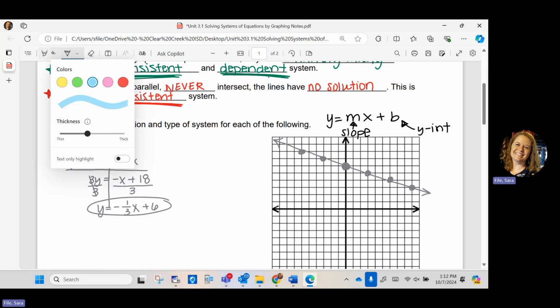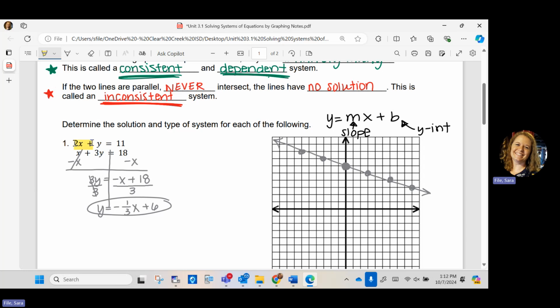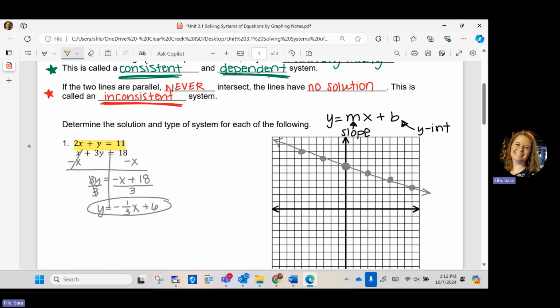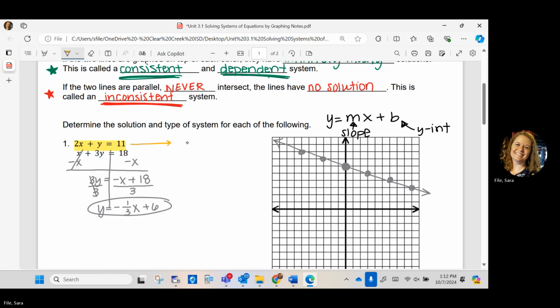Now I need to do the same thing for the other equation, but I'm going to have to rewrite it off to the side over here. All right, so I need to solve for y.